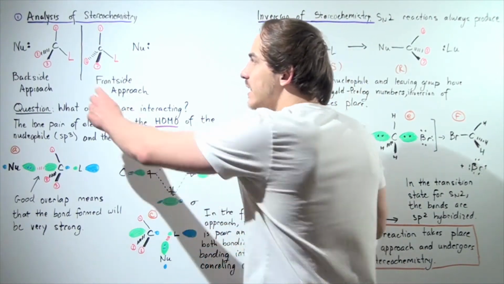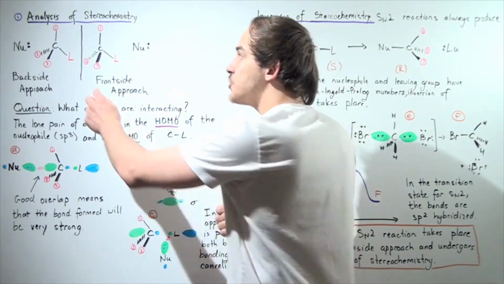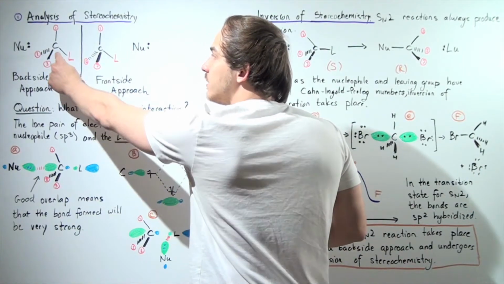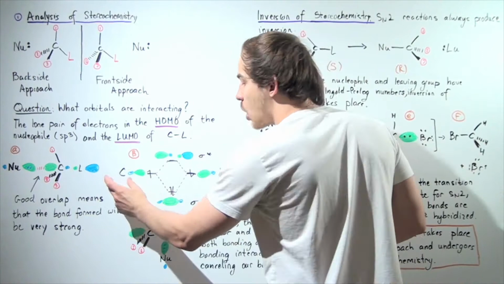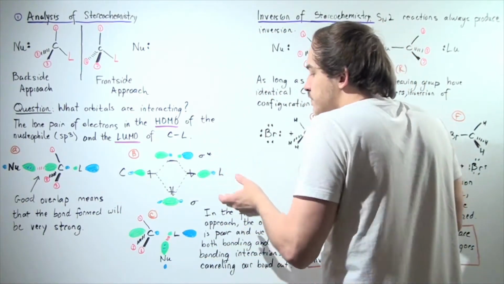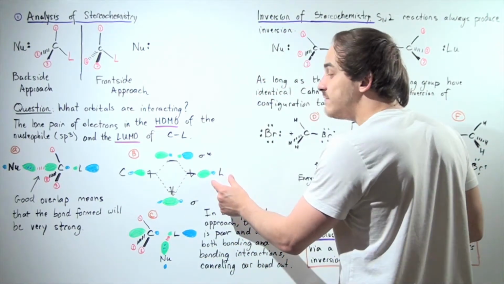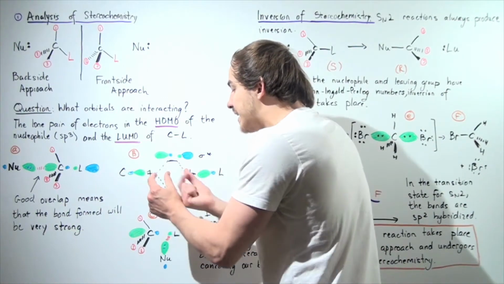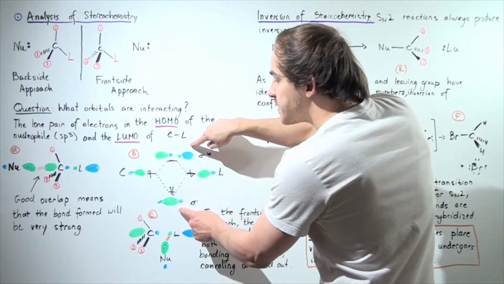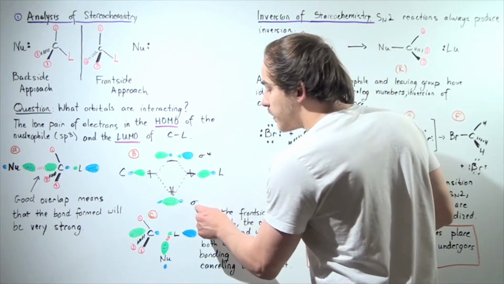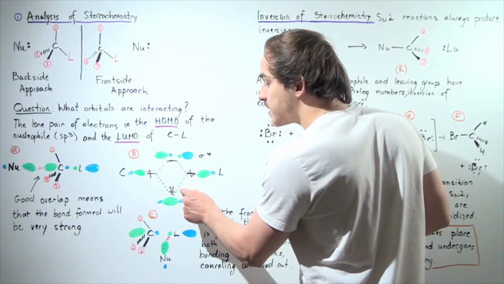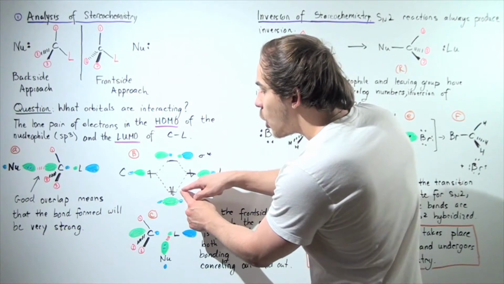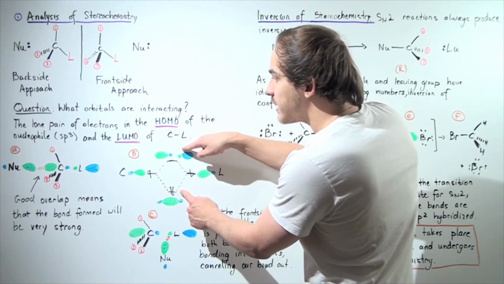Once again, let's examine how we actually build this carbon-L bond. We have the sp3 hybridized orbital of the carbon, and let's say the sp3 hybridized orbital of our leaving group. They interact and produce two different types of molecular orbitals: the bonding and anti-bonding. Because the bonding is completely filled, we go to the next unfilled molecular orbital.